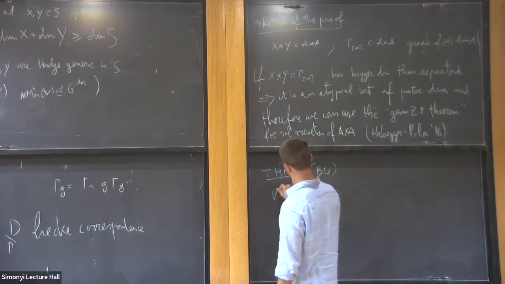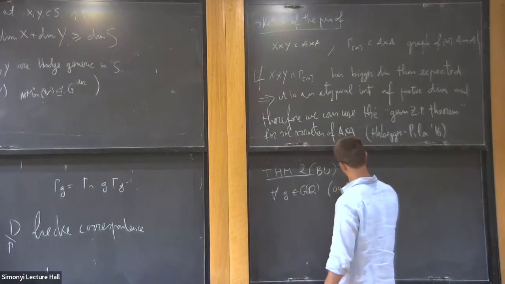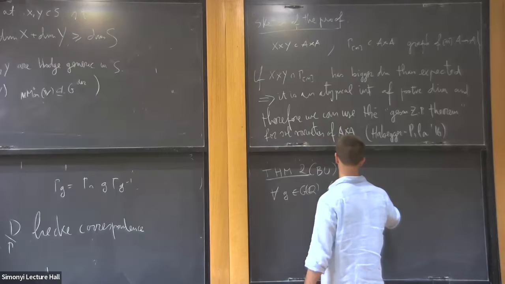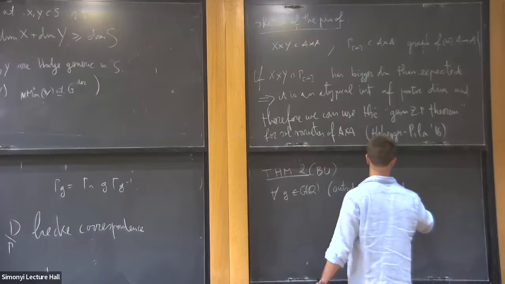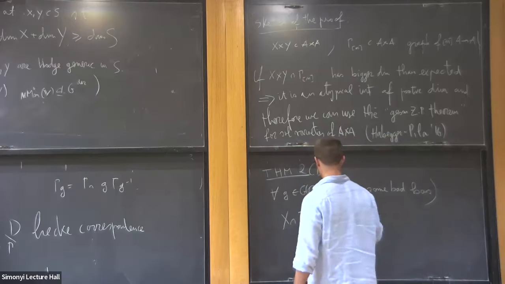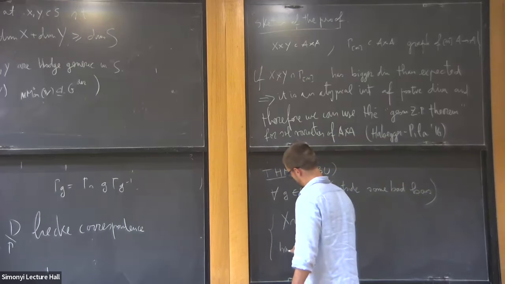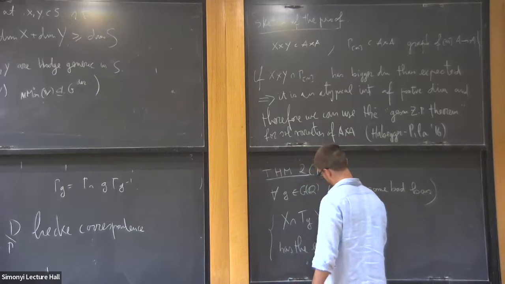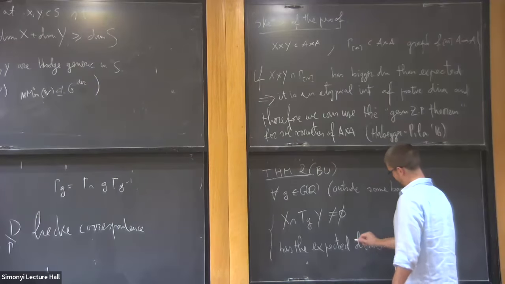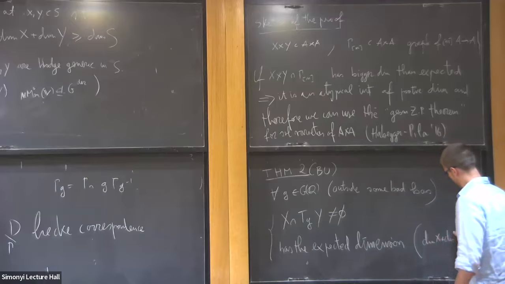For all g in G(Q) outside some bad locus, X intersect T_g Y is non-empty and has the expected dimension. So meaning in X plus in Y times in S.